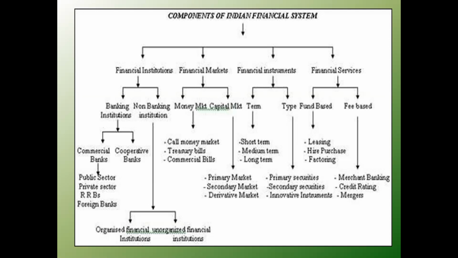Now, the next component is financial markets. Financial markets mainly are of two types. One is the money market, and second is the capital market. See, the money market is one which deals in immediate money, or you can say short-term money. The money transactions for less than 1 year, that is 365 days, all those transactions fall in the category of money market.